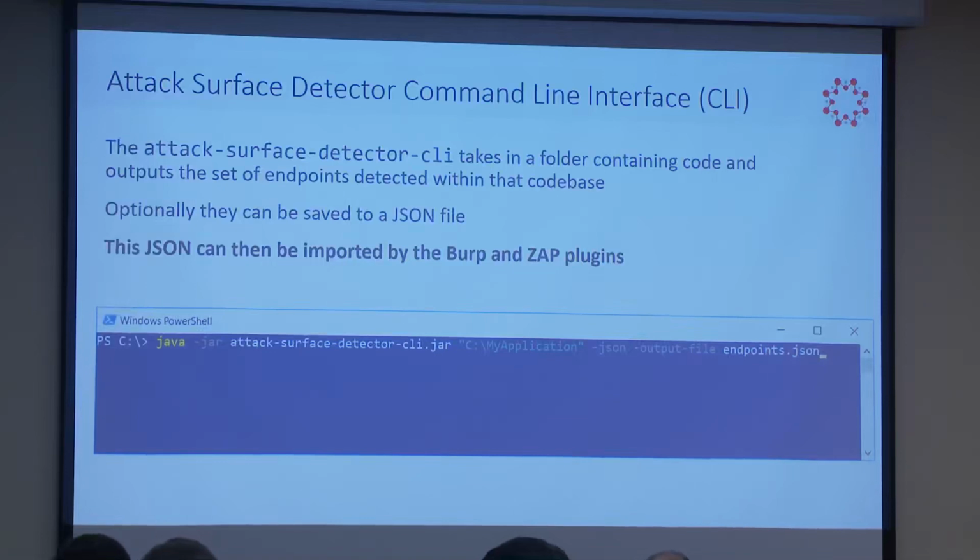So without having direct access to the source code, which is sometimes sensitive, especially for black box testing, this is a way of still being able to use these technologies.